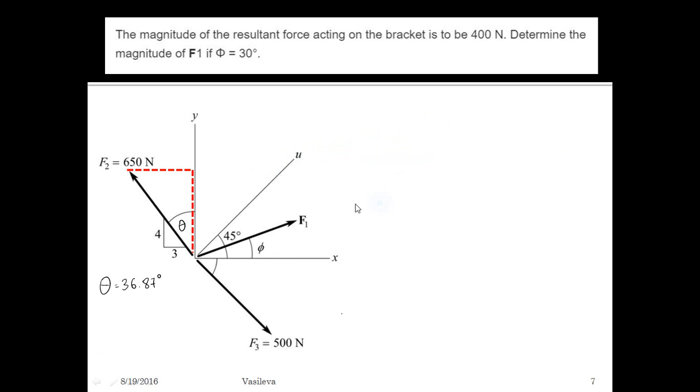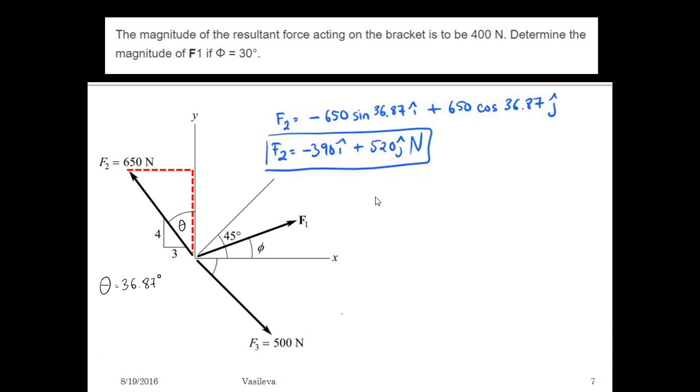Now we move on to F2, and we want to find the y and the x components. We do the exact same thing, except here we need to make sure we're paying attention to directions. Here the x component is actually going in the negative x direction. So we do negative 650 sine of 36.87. Why is it sine?